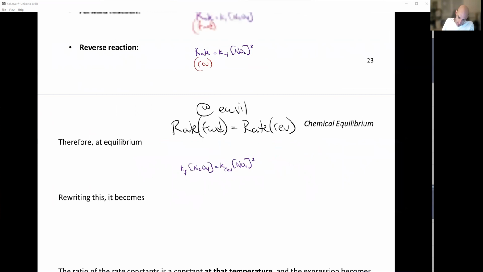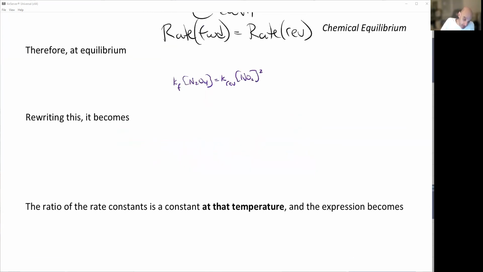So I'm going to rearrange this, and instead I'm going to have Kf over Kr, or reverse, is equal to concentration of NO2 squared over concentration of N2O4.